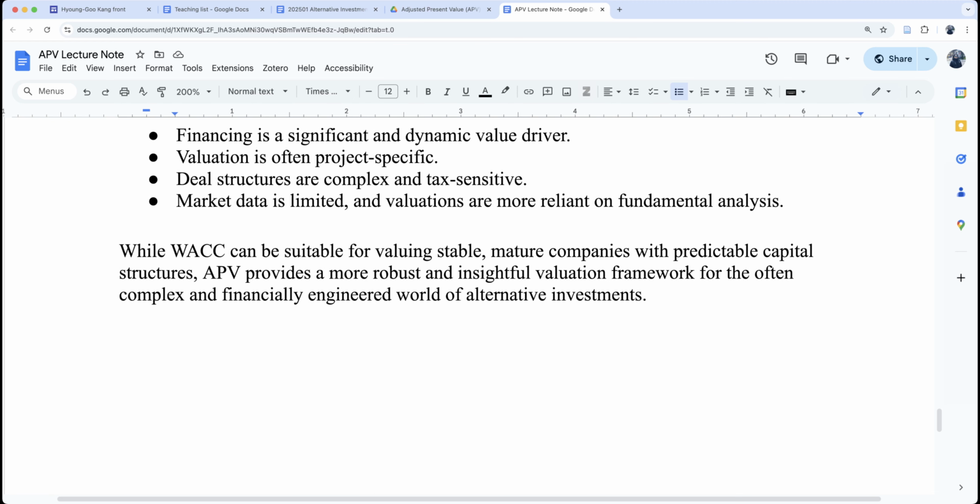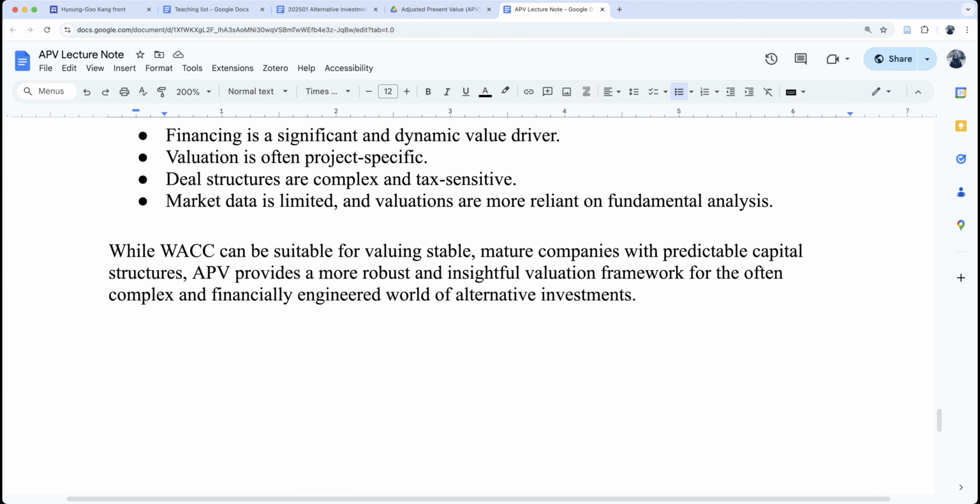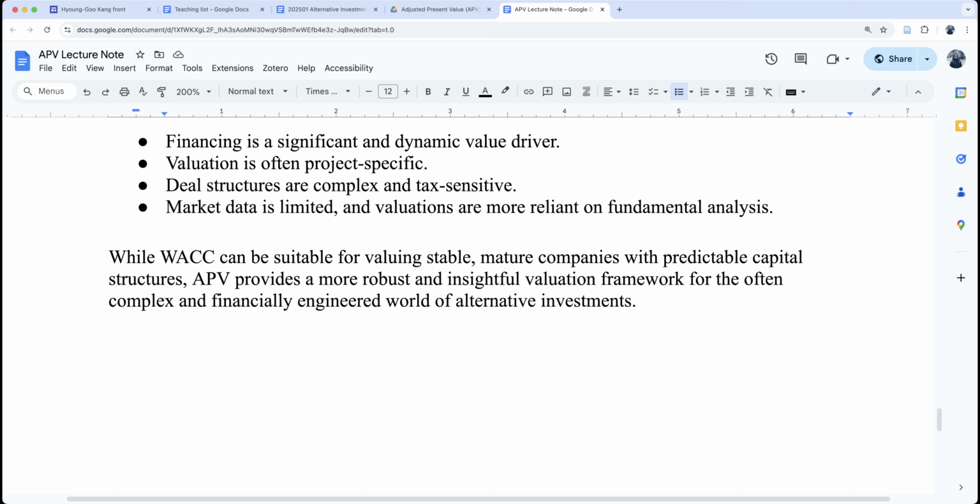So while WACC can be suitable for valuing stable, mature companies with a predictable capital structure, in this kind of case we often don't even have to do the valuation, because we have a lot of transaction data.